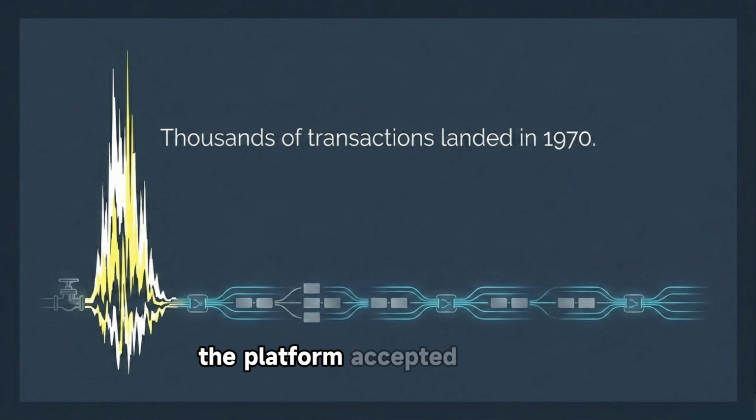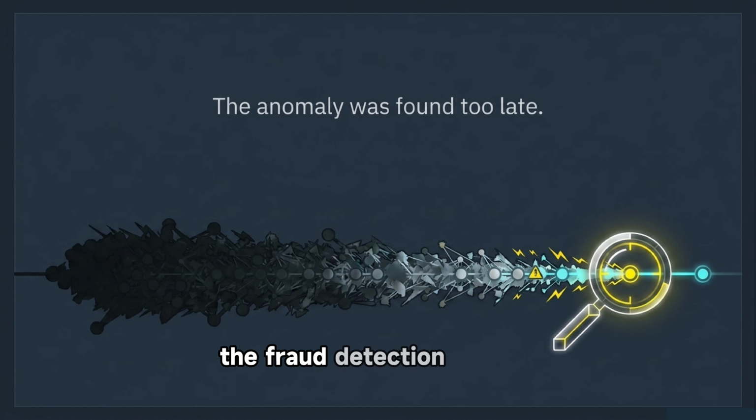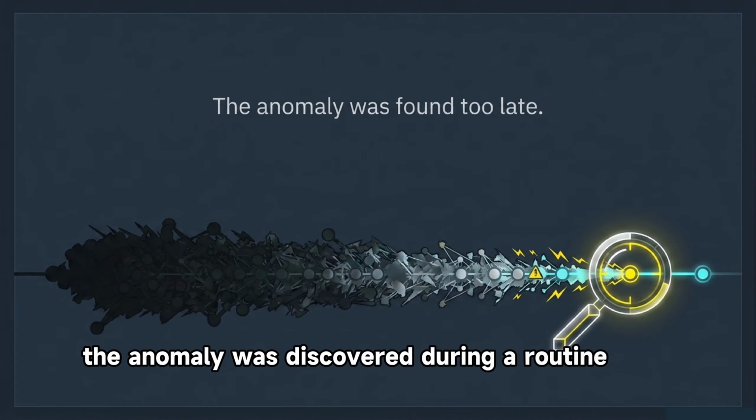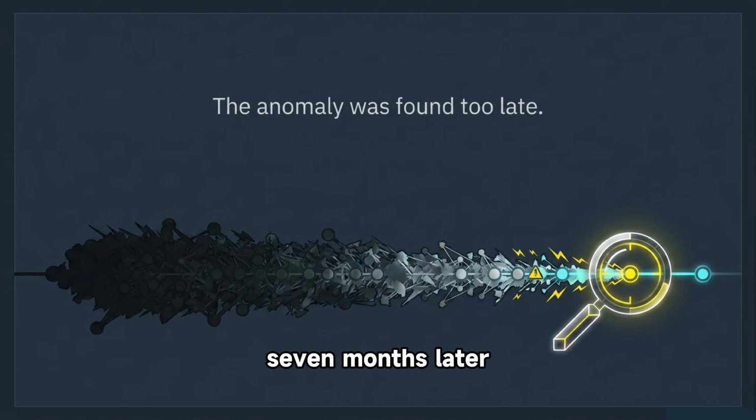The platform accepted them all. The fraud detection system, which relied on the date constraint as one of its input signals, did not flag them. The transactions were processed. The anomaly was discovered during a routine audit 7 months later.